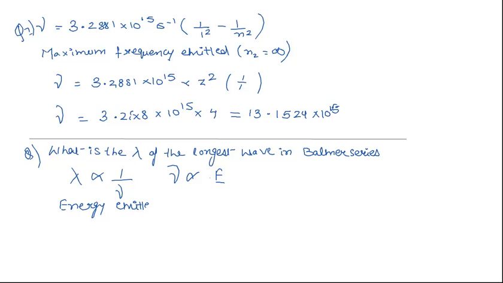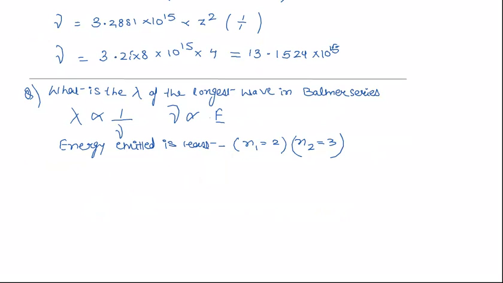When the energy emitted is least, that is, when the energy difference between the two energy levels is the least. So n1 is equal to 2 and n2 should be equal to 3. That is the minimum difference in the energies.